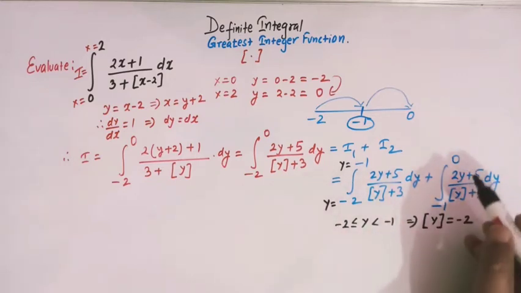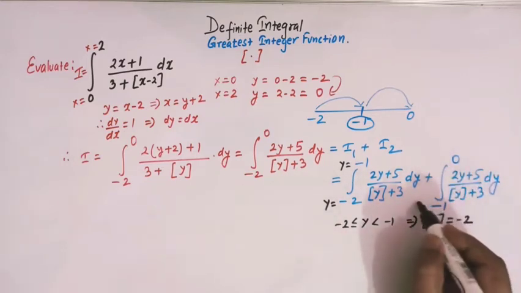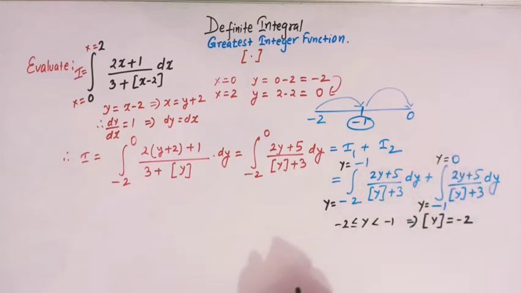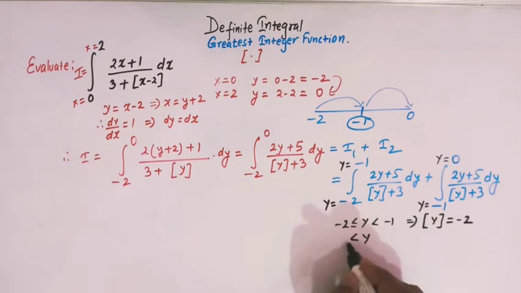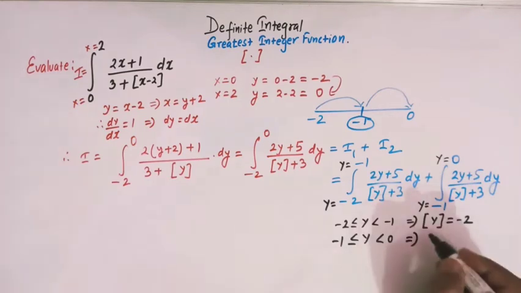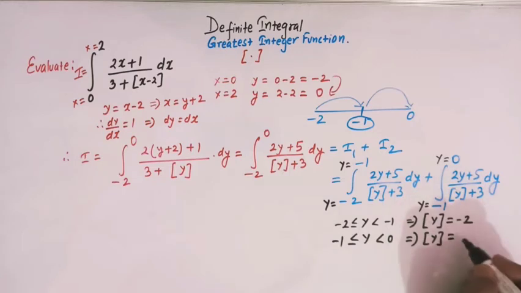Similarly in I2, y varies from minus 1 to 0. It means y lies between minus 1 and 0, and again from the definition of the greatest integer function, the value of the greatest integer of y is minus 1.